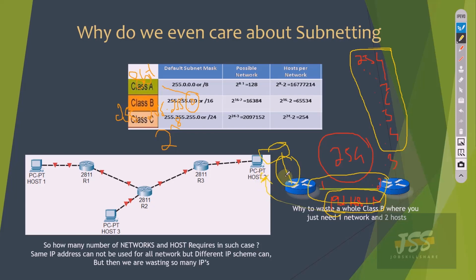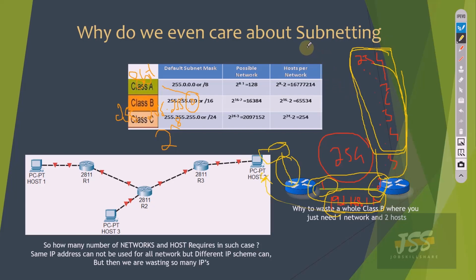Even if you try to, it will give you an error that the address is overlapping. So just imagine we are wasting so many IP addresses for nothing. We are consuming only 1 and 2, and the rest we are wasting.